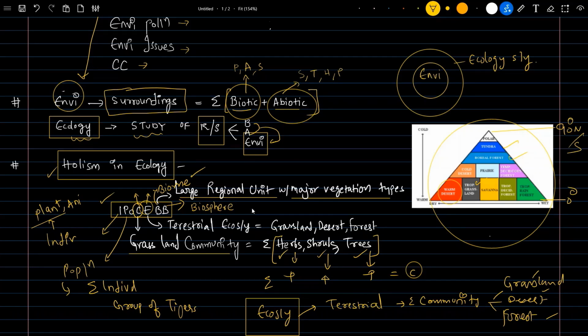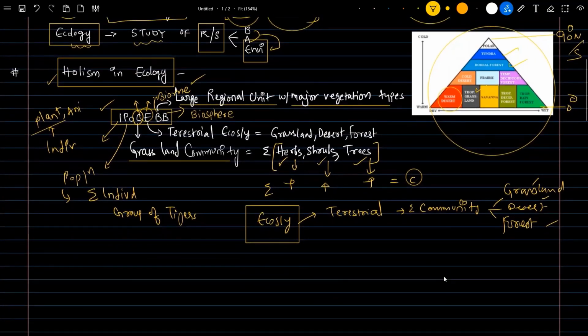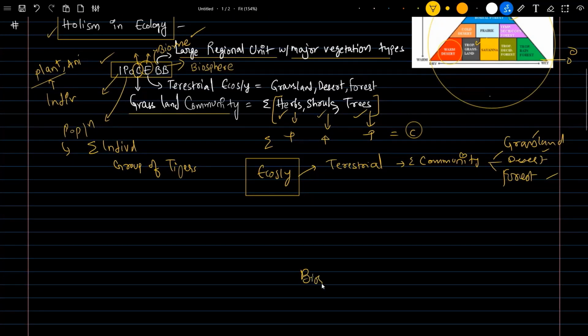Next, what is biosphere? Biosphere is the ultimate. The biosphere basically consists of atmosphere, hydrosphere and lithosphere.